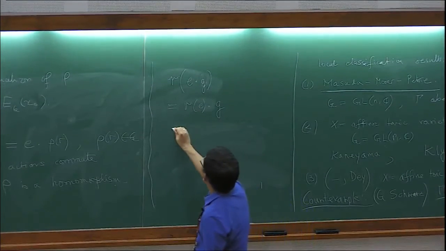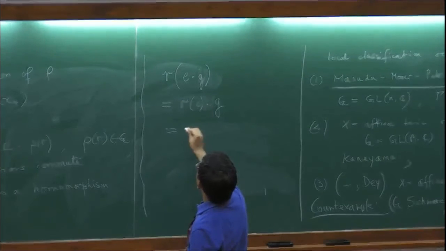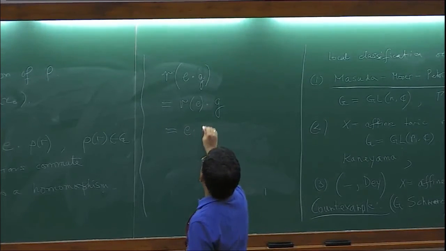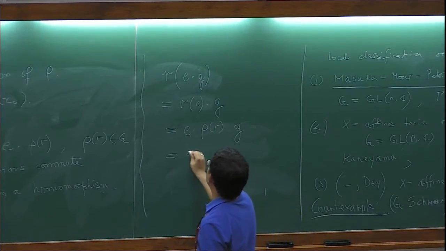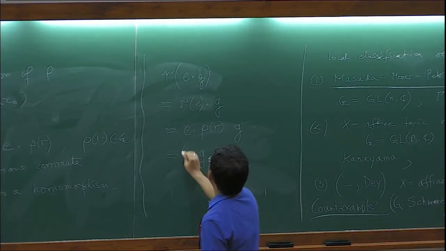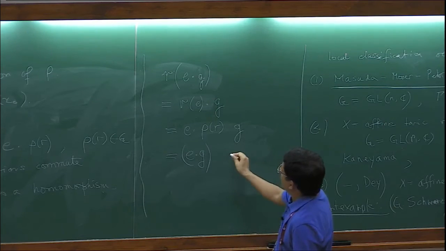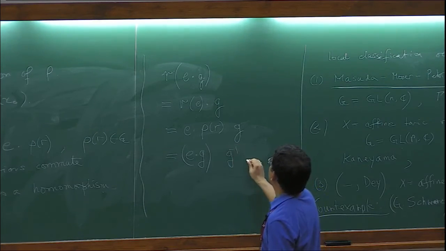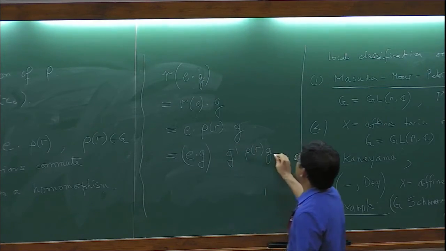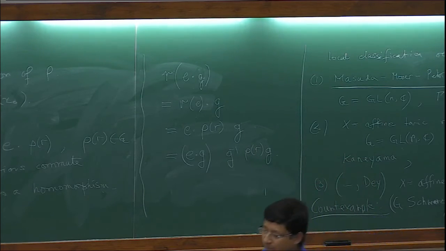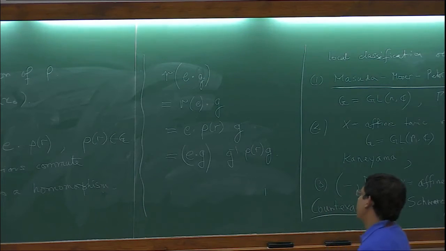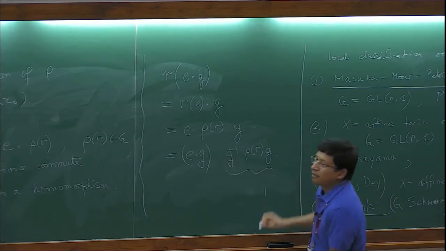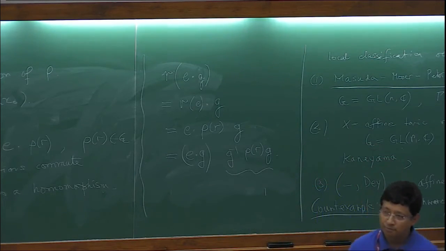And then this means that you have e rho gamma g. So what I observe is that if I change that reference point, I would actually get a different homomorphism.